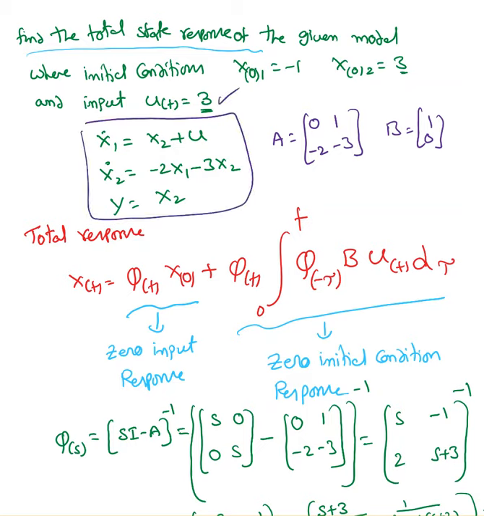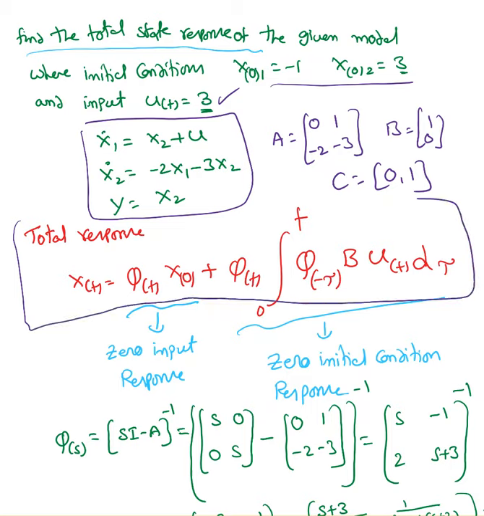He gave you the input and initial conditions. So the A matrix, B, and C is 0 and 1. Now the formula for total response is x of t equal to phi of t, which is the state transition matrix, times the initial condition, plus phi of t integral from 0 to t of phi of minus tau B times u of t d tau.